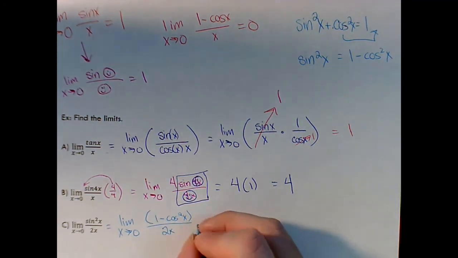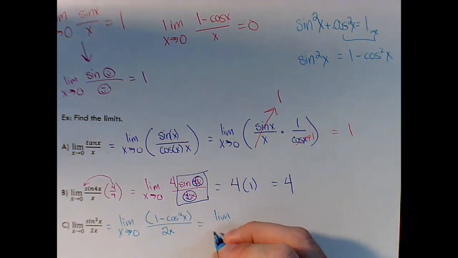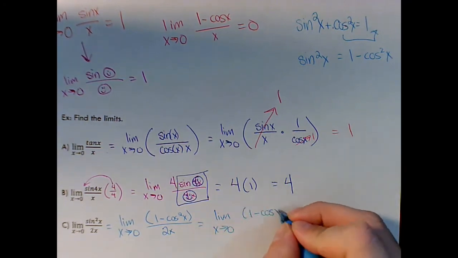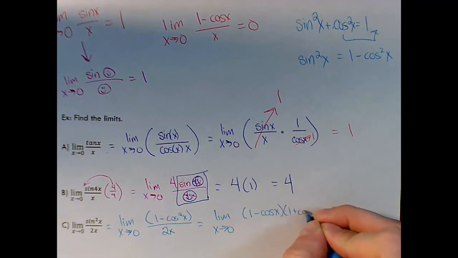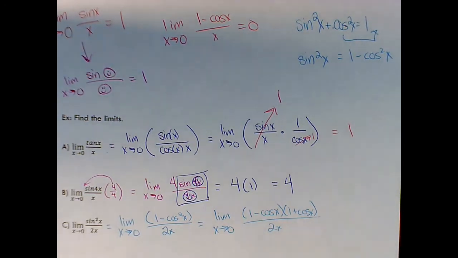Remember difference of squares? Difference of squares says that if I have a square minus a square, or in this case 1 is 1 squared, minus cos squared x, which is cos times cos, I could split it up into 1 minus cos, 1 plus cos. That's what I did.